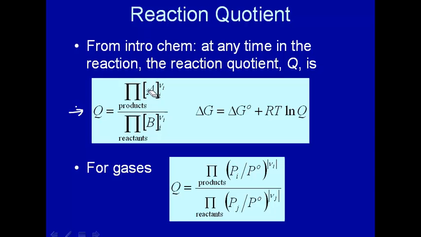So this means take the first product, the second product, the third product, and multiply them together. It's like the sigma, capital Greek letter sigma, meaning sum. This is capital Greek letter pi, meaning product. So maybe you want to refresh your memory, or maybe you remember that. What we're going to do here is to get a better understanding of what the reaction quotient means.